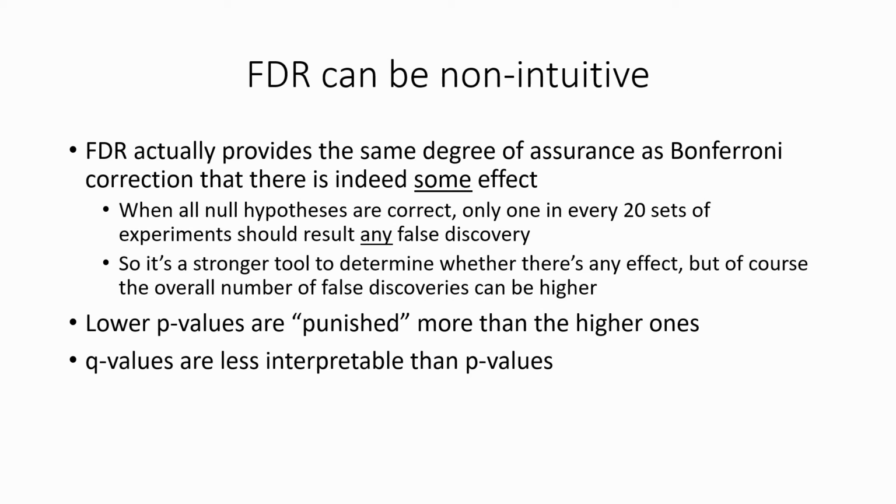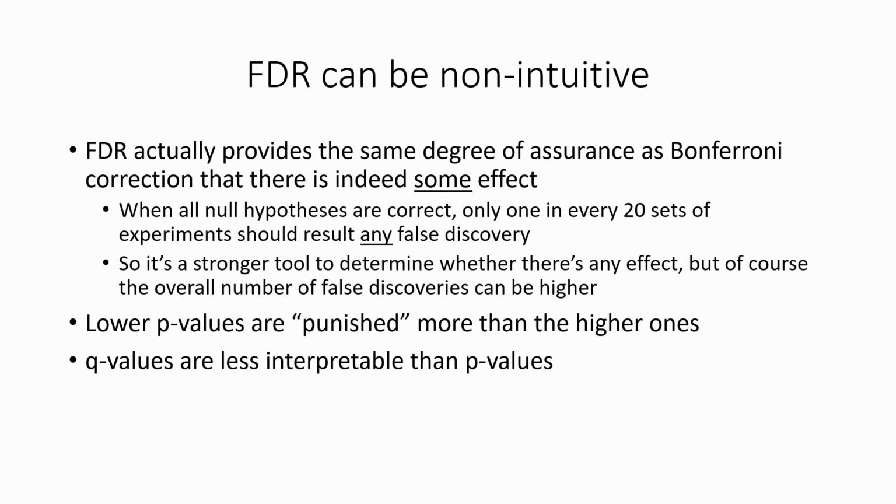Now, the first thing that I think is very surprising, I was very surprised the first time that I learned about it, is that FDR actually provides you with the same degree of assurance as the Bonferroni correction that there are indeed some effects. What I mean by that is when all null hypotheses are correct, so when we shouldn't reject anything, in both cases we have the assurance that only 1 in every 20 sets of experiments should result in any false discovery.